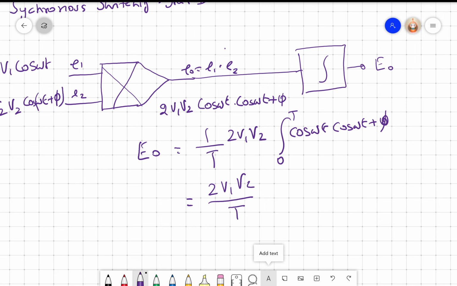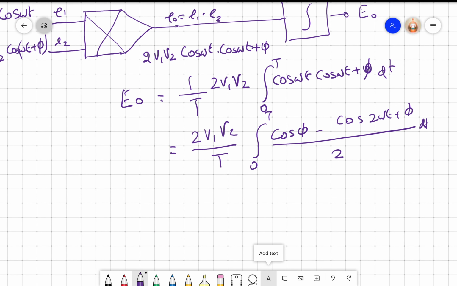Cos A cos B, integral 0 to T. Cos A cos B is cos (A minus B), which is cos phi, minus cos (A plus B), cos (2 omega t plus phi) divided by 2 dt.